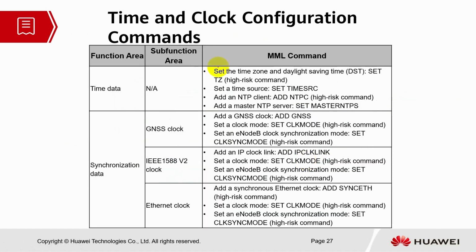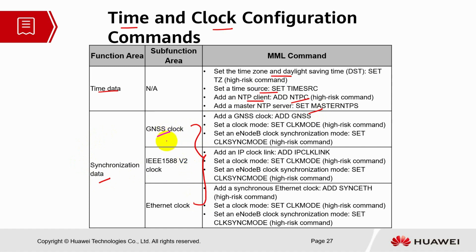Later on, we have to configure time and clock. This is also part of device data. We have to configure time data. We have to set the time zone, and if you are from a daylight saving zone, you have to set the daylight saving time also. Add the time source. If you're using NTP client, the network time protocol, then you have to use that and set the master NTPS. For the synchronization data, we have to define what kind of clock system you're using.